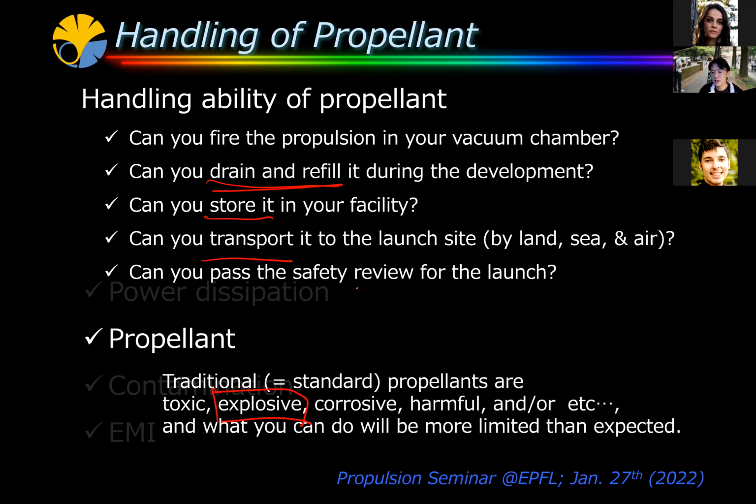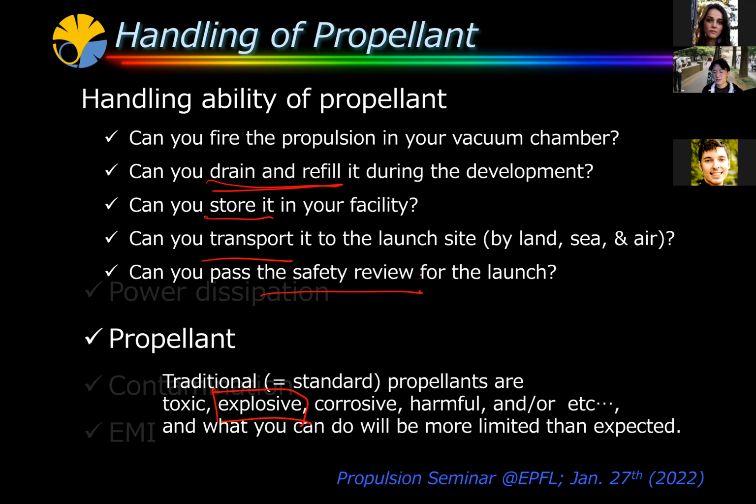And finally, for the launch, you have to pass the safety review, and your propellant has to be okay for that. So the propellant type may limit your activity more than expected, I think.